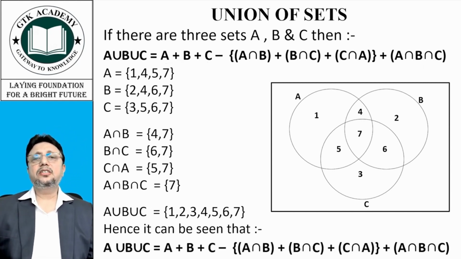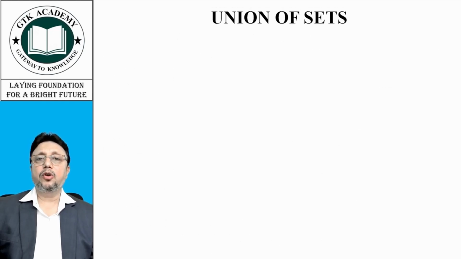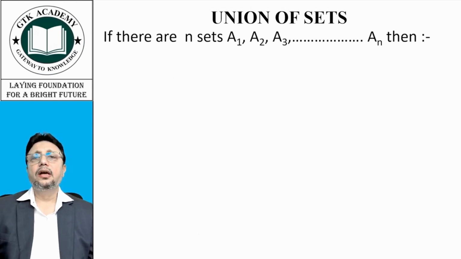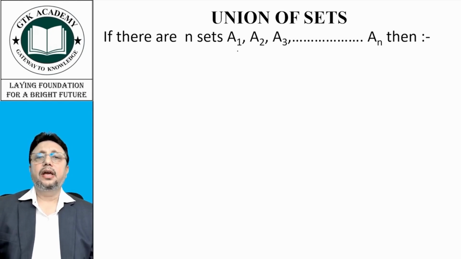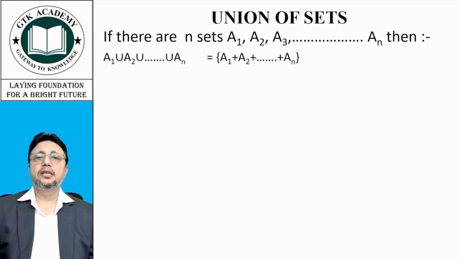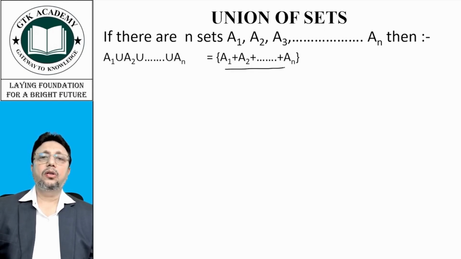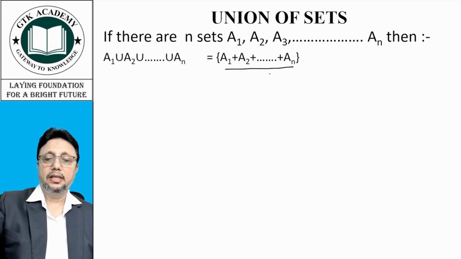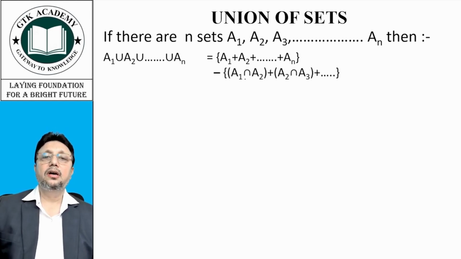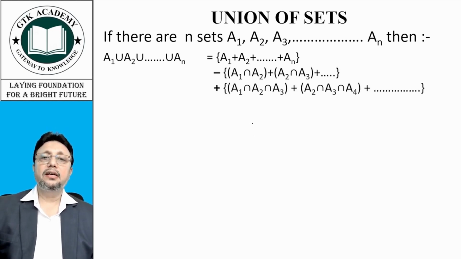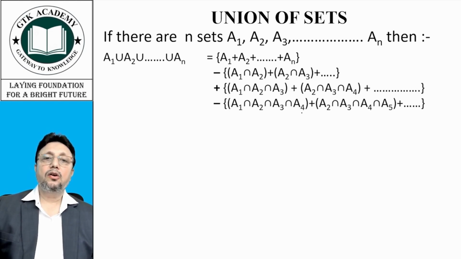This is for 3 sets, but the formula for n number of sets, if there are n number of sets, and you take the union A1, A2, A3 till An, you have to take all the sets first, then subtract intersection of 2 sets, then add intersection of 3 sets, then again subtract intersection of 4 sets.